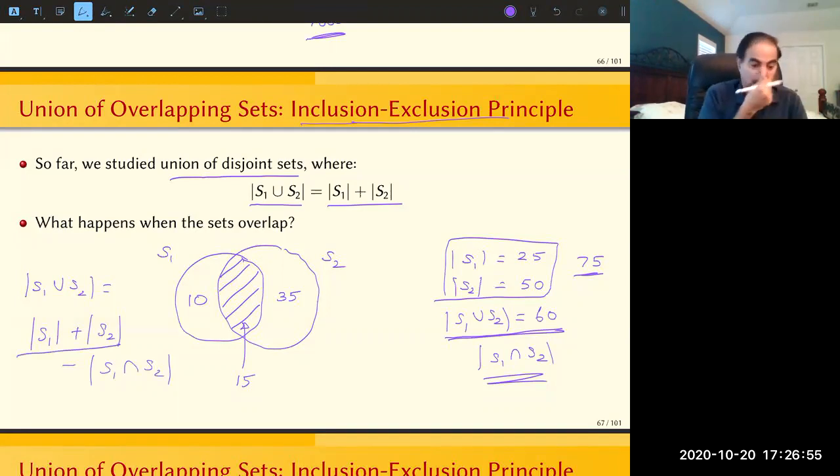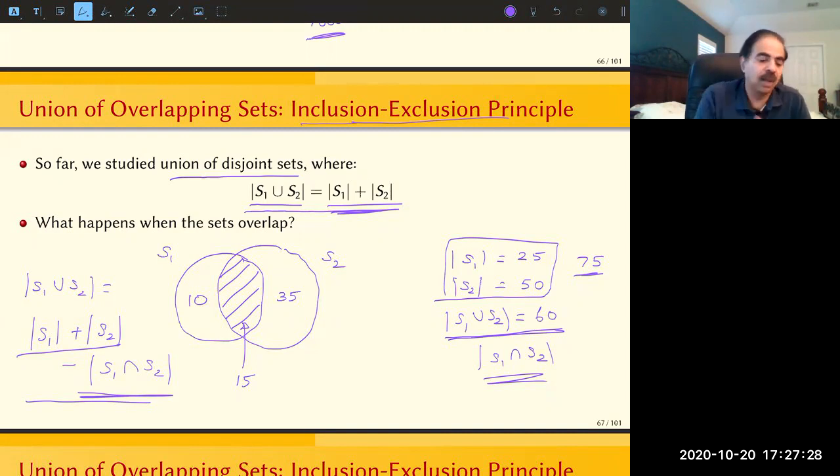So for the union of overlapping sets, the principle simply says it's a bit more complicated than the disjoint case, and the complication is that you have to subtract the intersection.